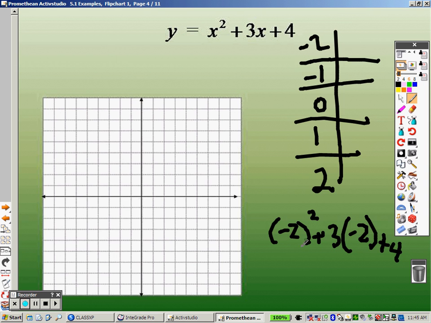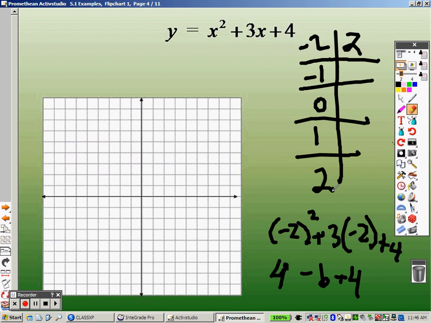So -2 squared is 4, and 3 times -2 is -6, plus another 4 there. The 4 plus 4 is 8. 8 minus 6 is 2, so we have a 2 there.